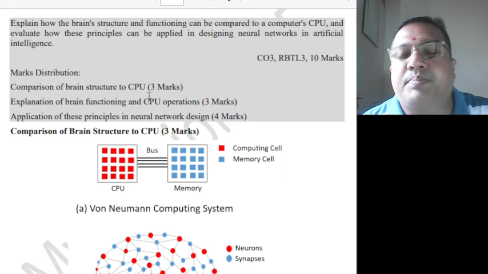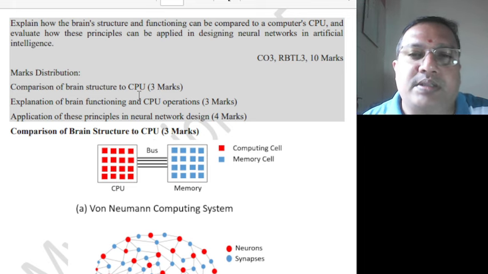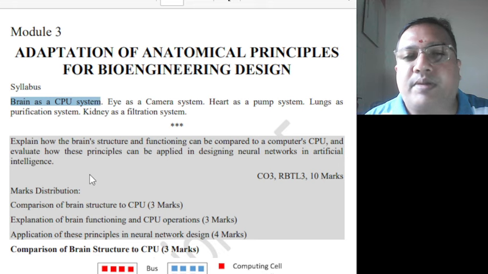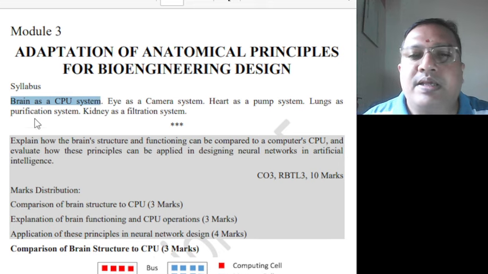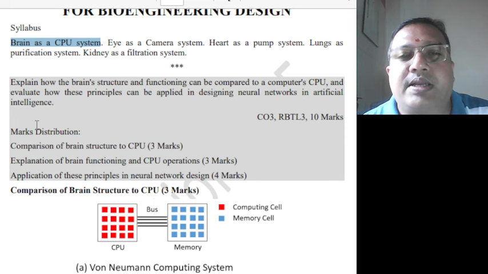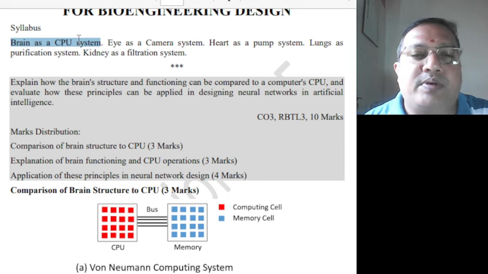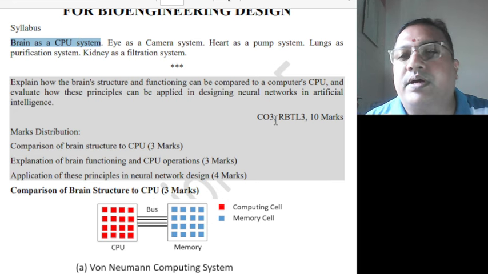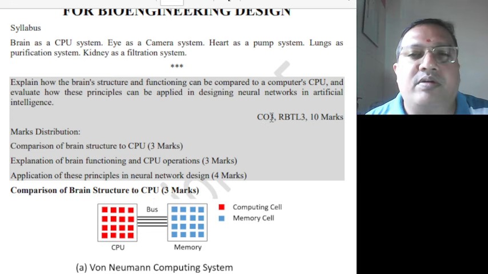Not going in depth but still connecting these two things. That is the actual requirement for the computer science stream. If this is the syllabus, I cannot just say that the brain is like this and the CPU works like this. You need to connect it to the advanced level. Therefore, it is a level 3 question, connecting to CO3 of the course outcomes given in the syllabus.